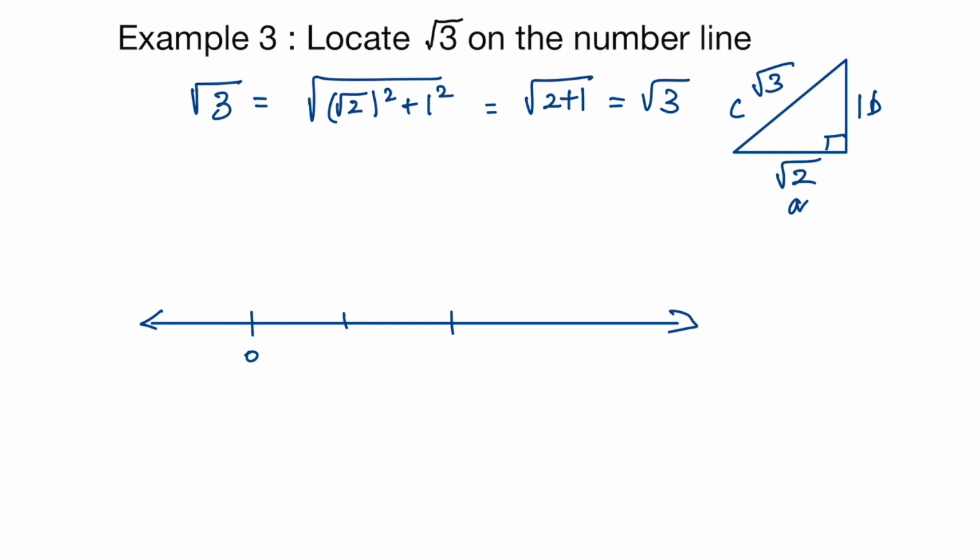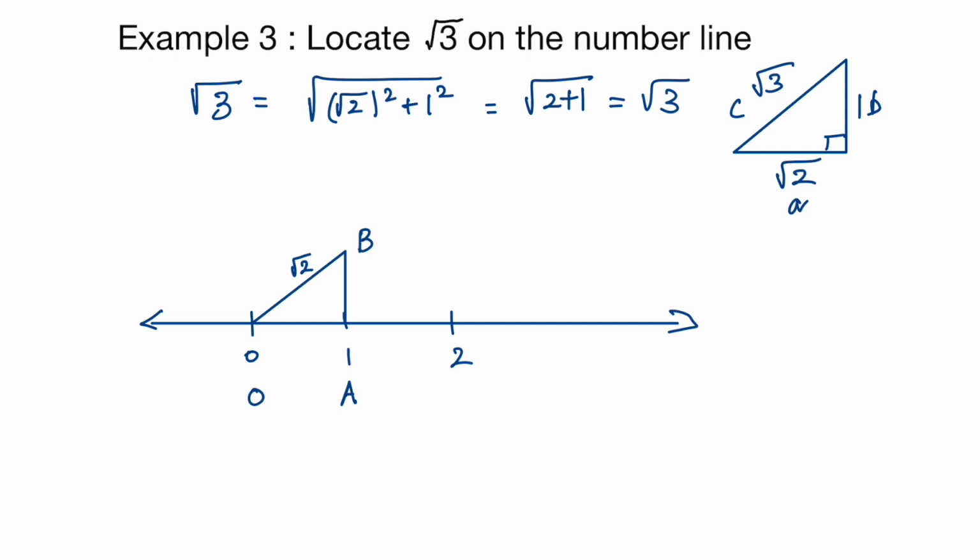Sorry, so this should be 1, the other one should be 1 as well. Okay, now just again the same procedure, constructing a triangle. Okay, we have done the triangle. So this is O, this is A, let this one be B, and we know that this is obviously root 2. Now we have root 2.